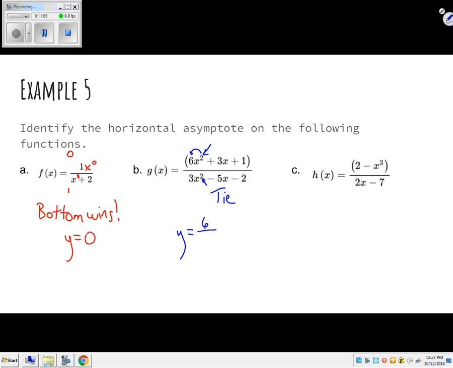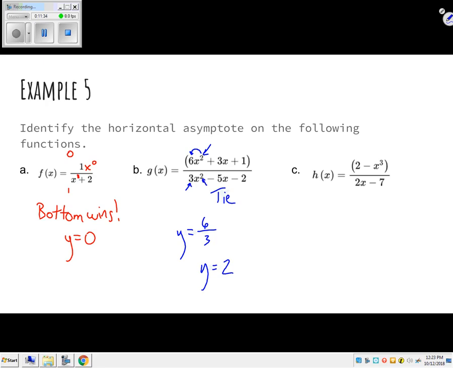And ratio, I'm just going to put a division bar, so it's 6 to whatever the leading coefficient is on bottom, 3. Well, 6 divided by 3 is 2, and that is where it would land. So if it's a tie, you've got to do a little bit of math, that little bit of division. And on this problem, the horizontal asymptote would move up 2 units and be at positive 2.